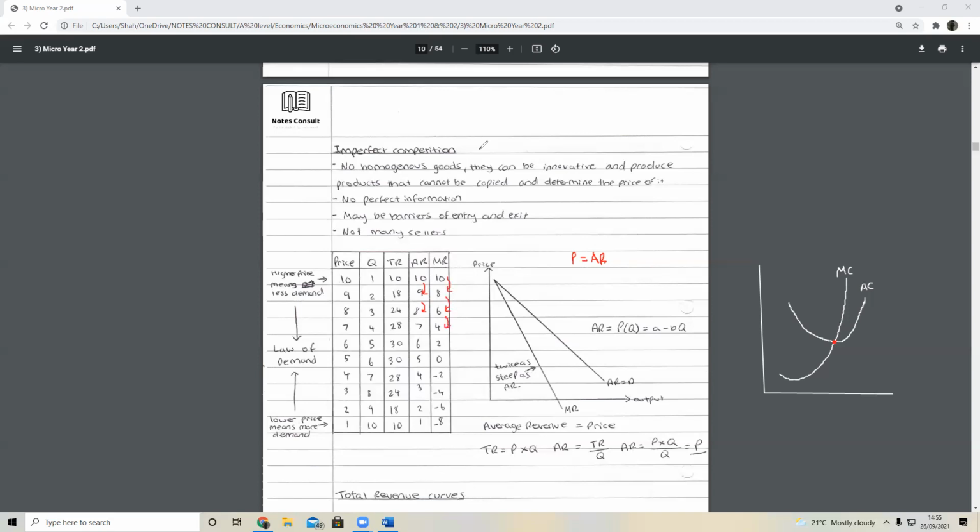That's already explaining why these graphs look different, because average revenue is going down by 1, and so it has a slope which isn't as steep as the marginal revenue. The marginal revenue is twice as steep because it's going down by twice as much.